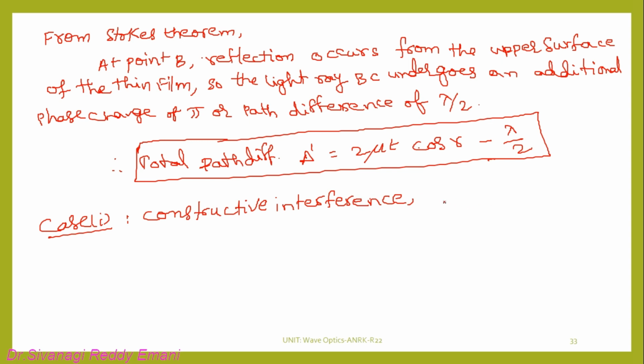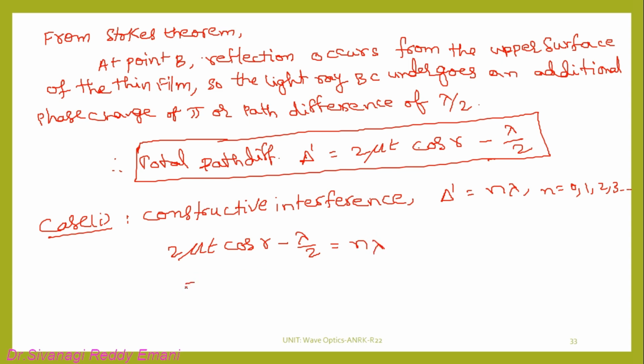In constructive interference, the path difference should be equal to n lambda, where n takes the values 0, 1, 2, 3, like that. So we simply equate this condition: 2 mu t cos r minus lambda by 2 equal to n lambda.